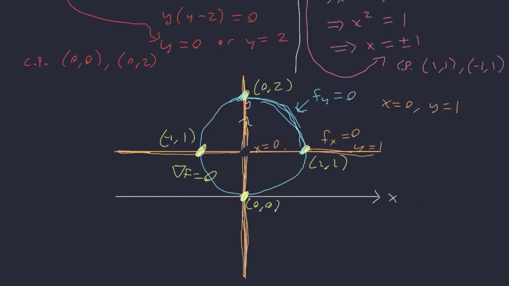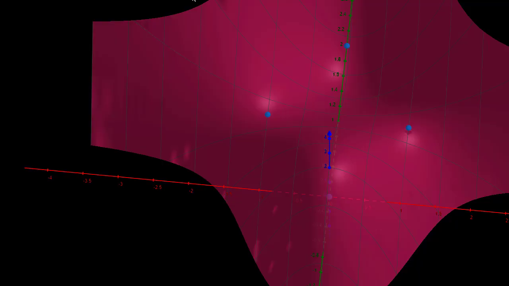If I go back to this little graph I drew earlier, what we basically have found is a max here at 0, 0, a minimum here at 0, 2, and these were saddle points. Let's take a look at the graph and see if that aligns with what we have.